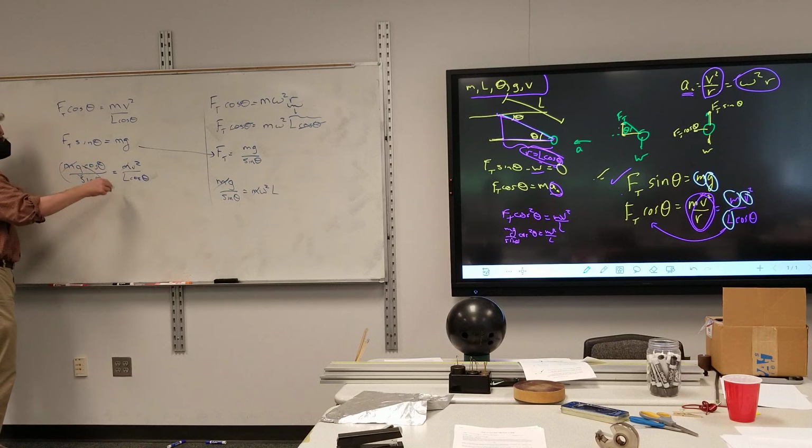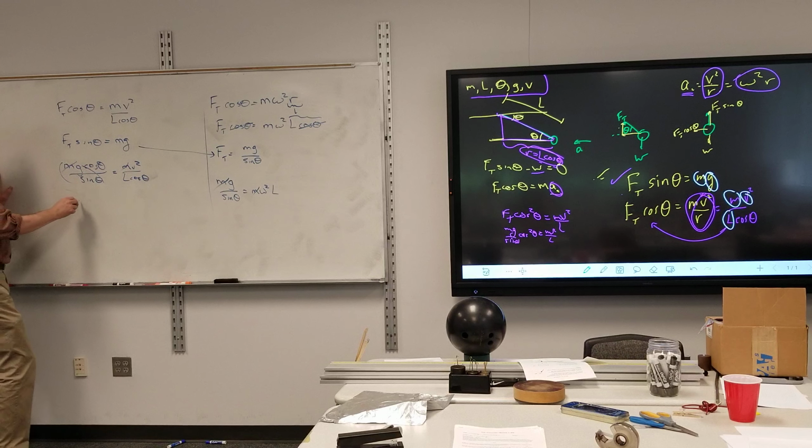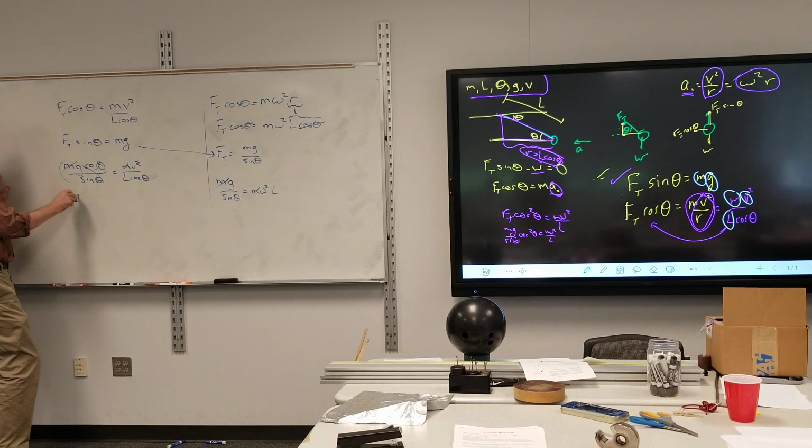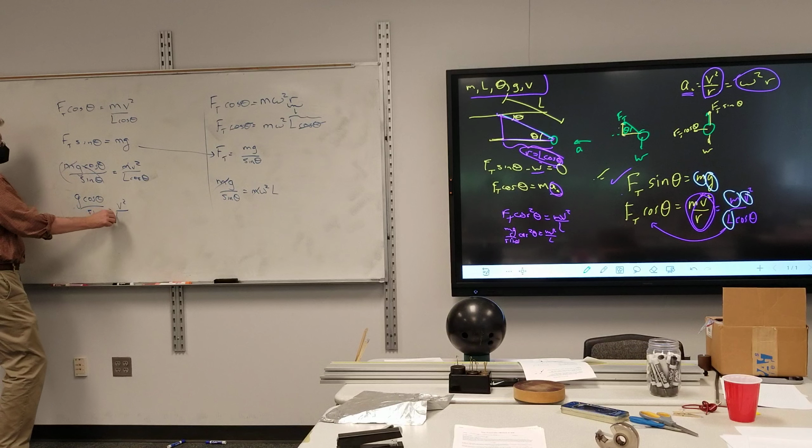Mass cancels out, just like we had over there. So G cosine theta over sine theta is equal to V squared over L cosine theta.